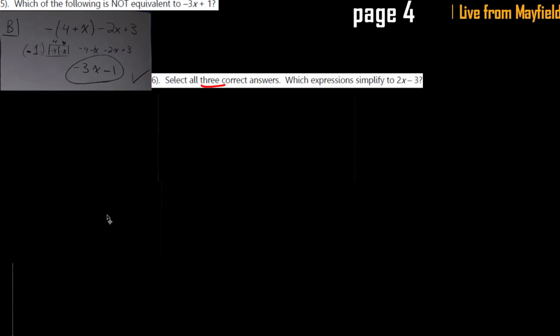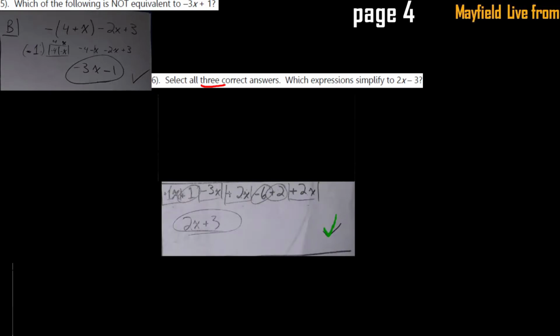And then the third answer that we want to pick is the one to the right of it. And so we actually had, I believe, 1x plus 1 minus 3x plus 2x minus 6 plus 2 plus 2x. Again, that's a lot of terms, so that's okay as long as you're combining the like ones, meaning they have to have an x in them or a common variable.